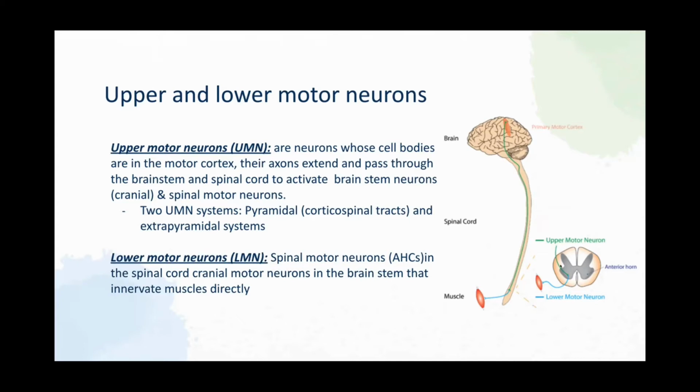Why is it important to know the difference between lower and upper motor neurons? Because when we have a problem in the upper motor neuron, it presents differently than the lower motor neuron. And it's so important, whether in second year or third year, you will talk about it a lot in your studies: the difference between the upper motor neuron and lower motor neuron symptoms. When we have a problem in the upper motor neuron, there will be more spasticity and a positive Babinski sign, while in the lower motor neuron it's the opposite.